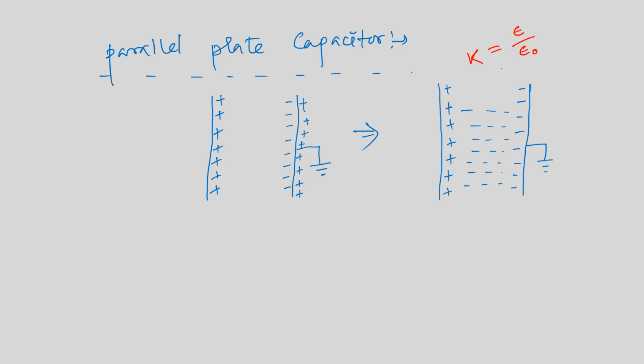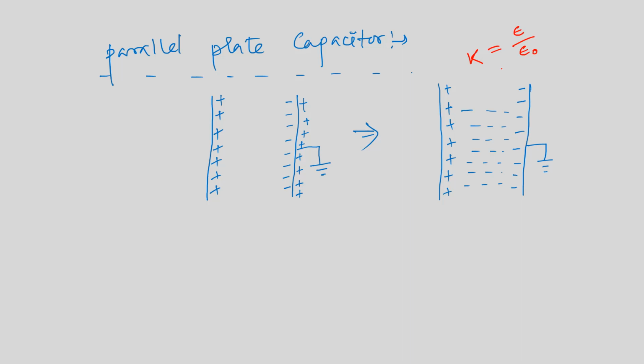If it is allowing more electric field lines, then obviously the permittivity of that particular medium is less, because the permittivity and the electric field lines have an inverse relation. If the permittivity is greater, fewer electric field lines will pass. If the permittivity is less, then more electric field lines will pass through that particular medium.